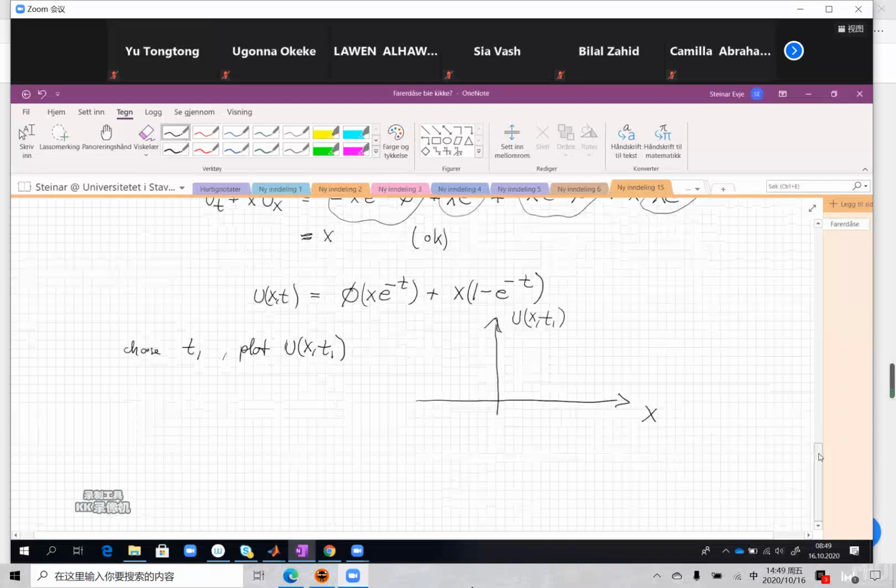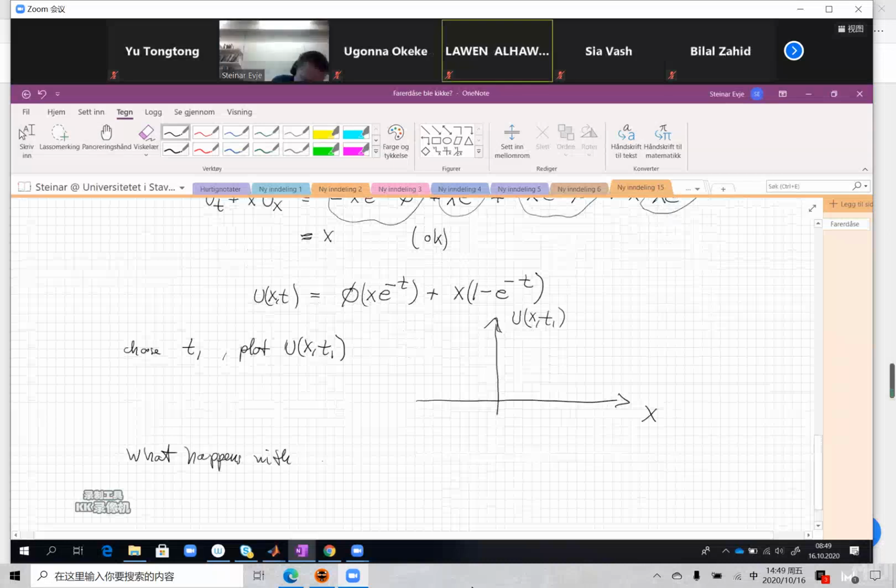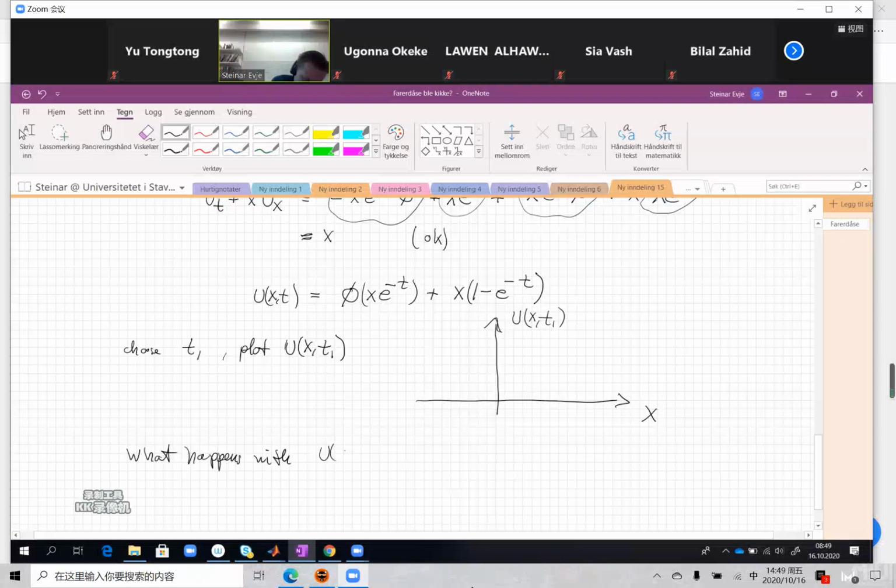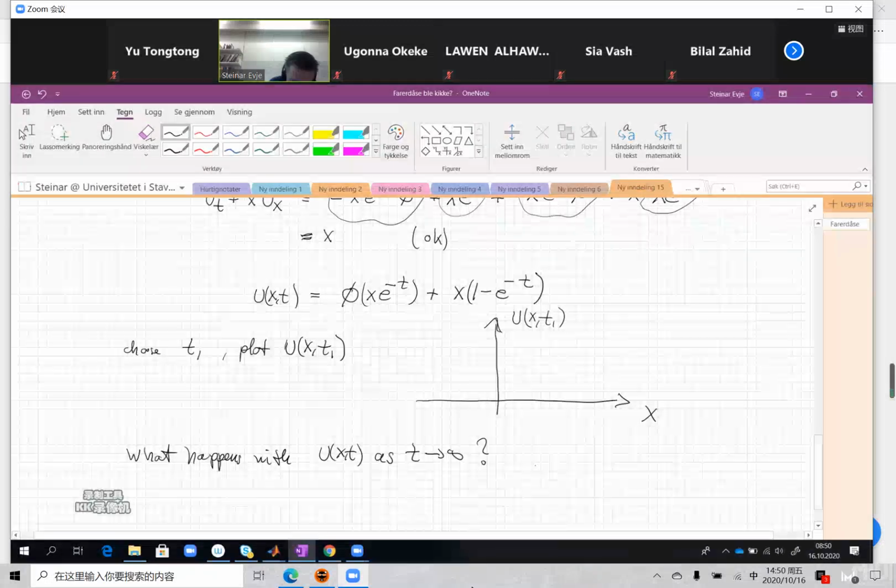But now an interesting question is, what happens with the solution u(x,t) as t becomes large? Then we have to find out what will happen with the argument here, x e to the minus t.